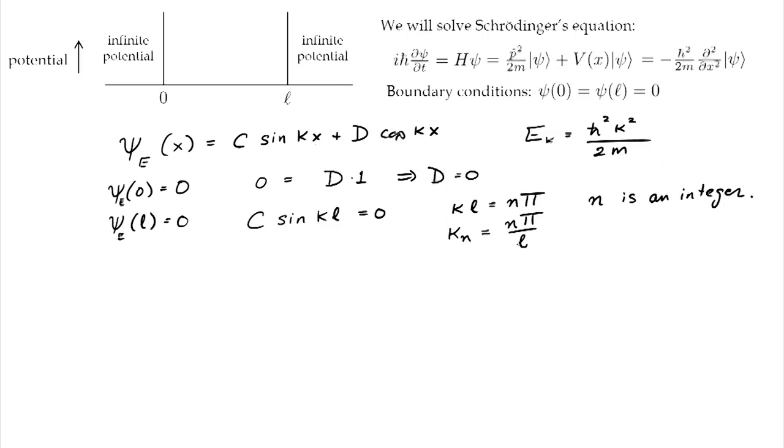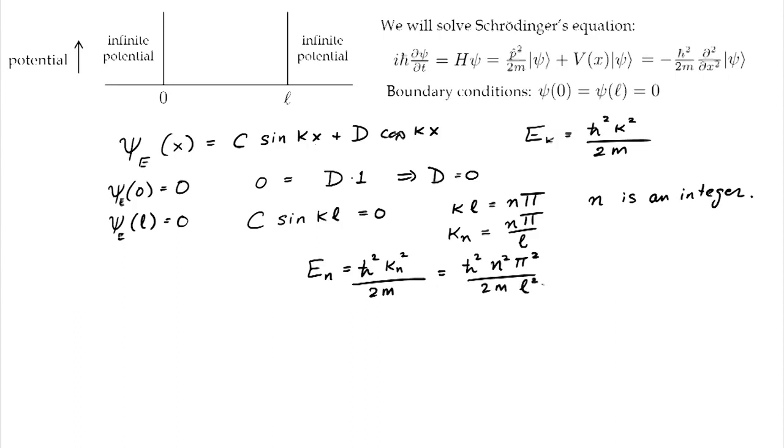And in turn, what this means is that the energies are also quantized. So the energies are quantized to be E sub n equals h bar squared k sub n squared over 2m. And substituting this, it's h bar squared n squared pi squared over 2m L squared.